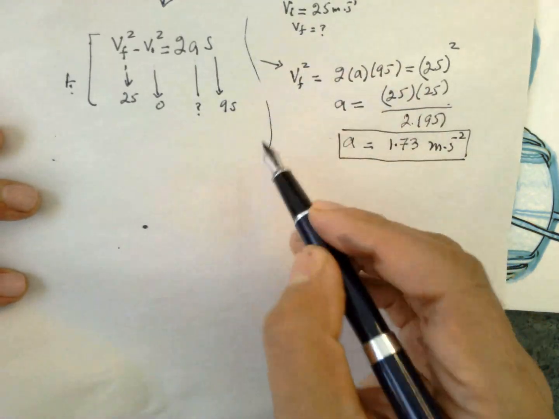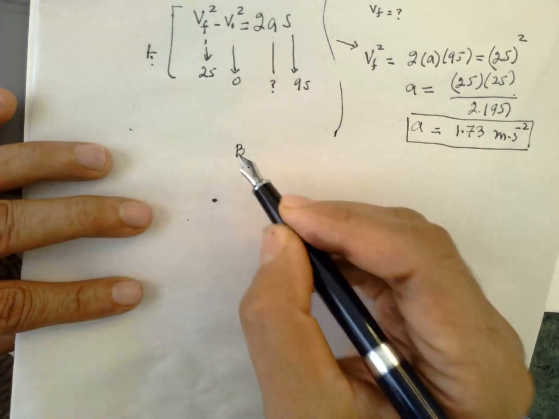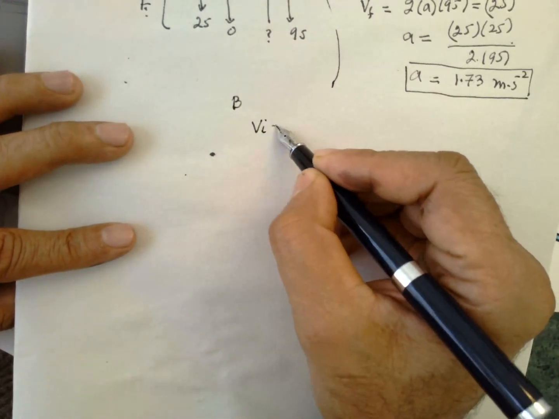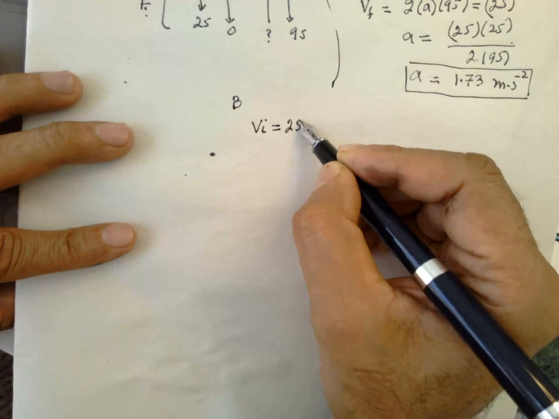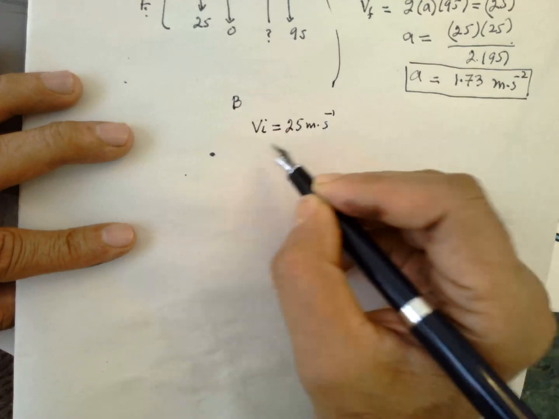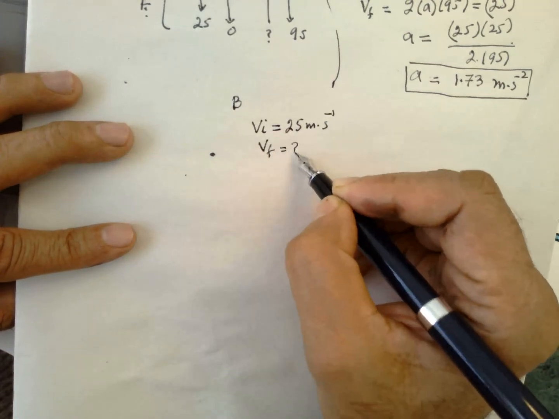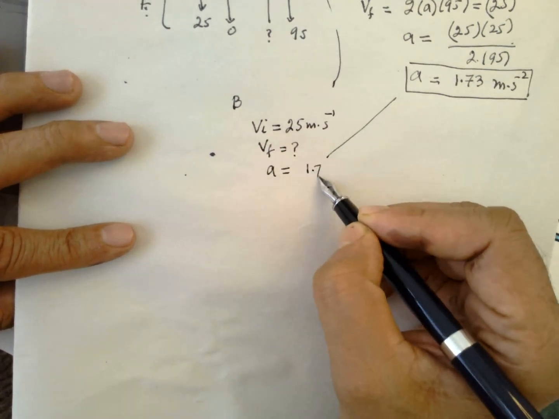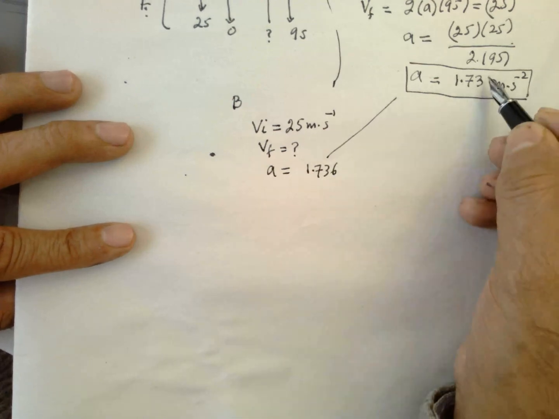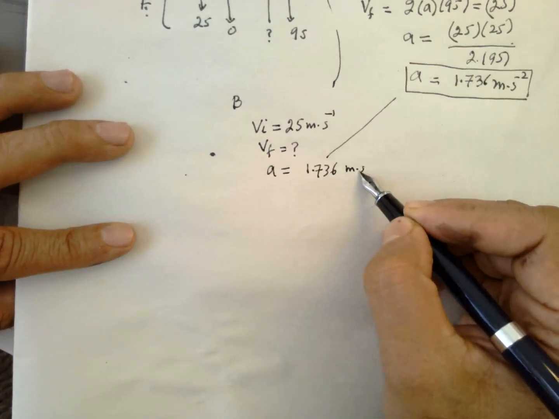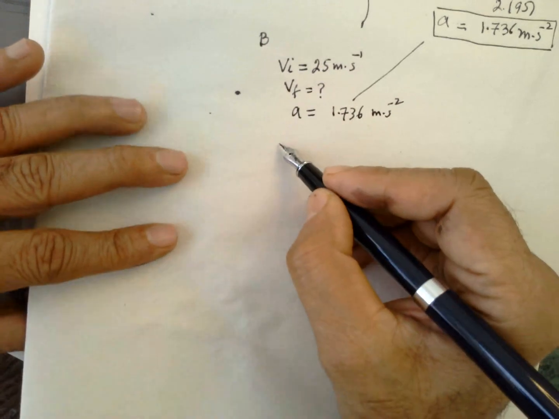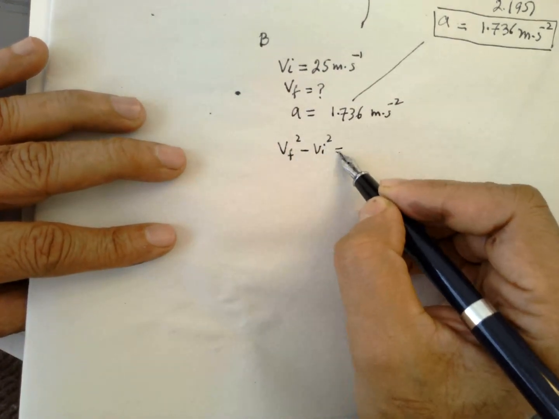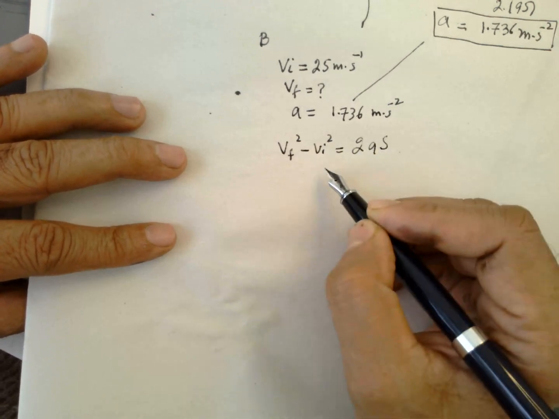Now come to the B part. Here, Vi is equal to 25 meters per second, Vf we have to find, and A is equal to this one, 3.29 meters per second squared. So we can use again Vf squared minus Vi squared equals 2as.